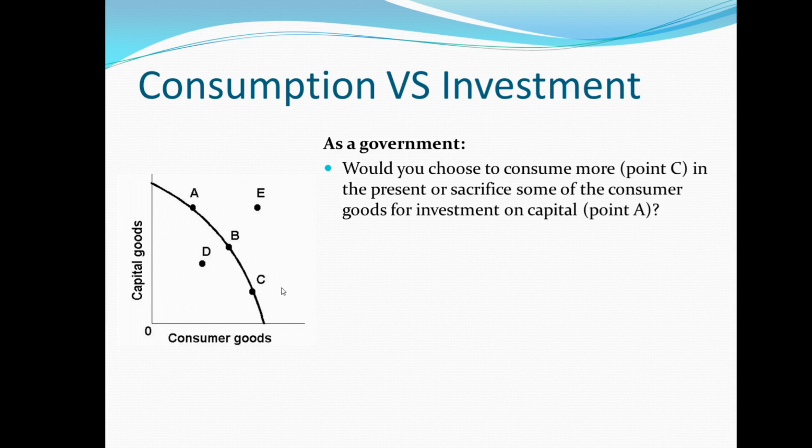So Ian, so you are going to choose C. Can you tell me the explanation? Like, why would you choose C? So now you believe we should produce more consumer goods. So if we produce more consumer goods, how does it bring us more economic growth in the future?